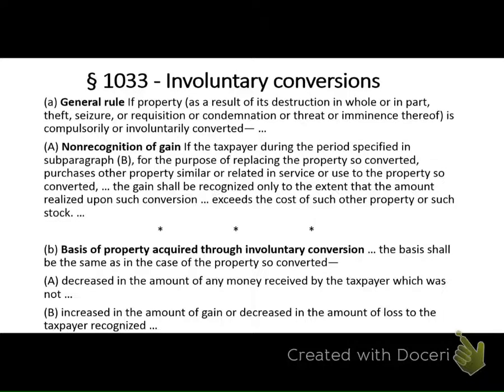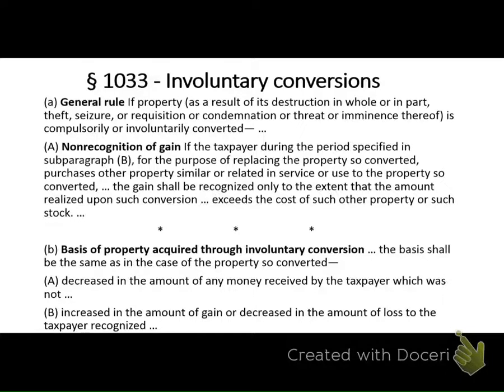So in the situation where my original property had an adjusted basis of $100,000, and I received this $500,000 check from the insurance company, right? There was $400,000 worth of gain in there. So if I buy a new property for $500,000, I take that new property with a $100,000 basis.